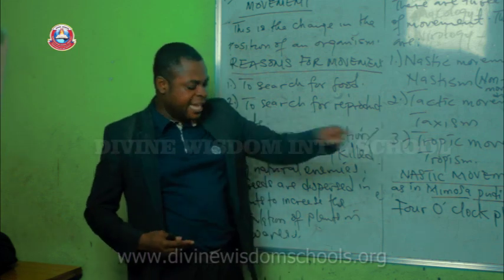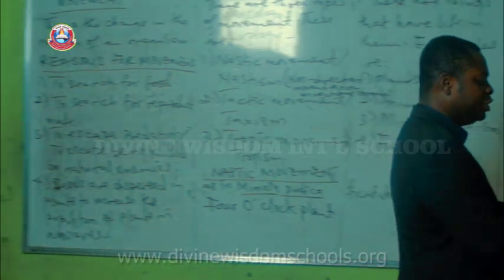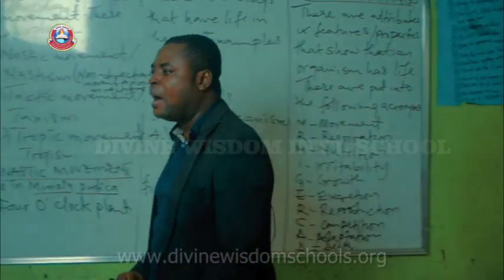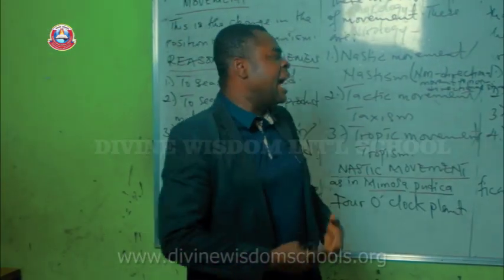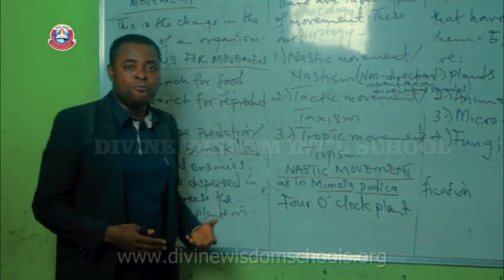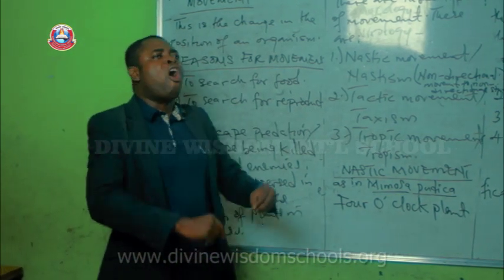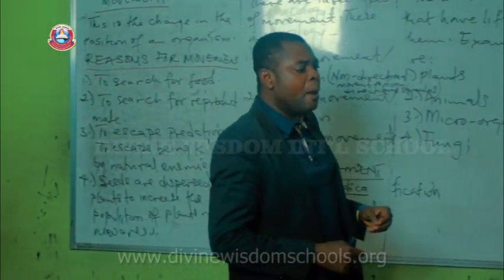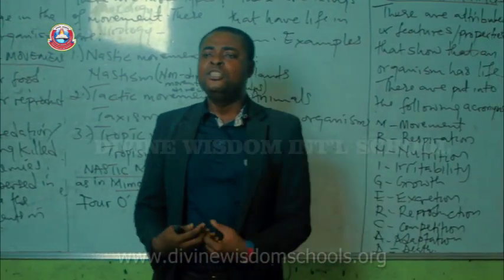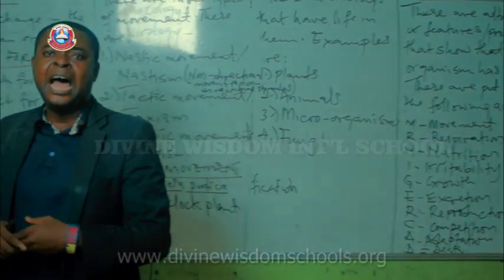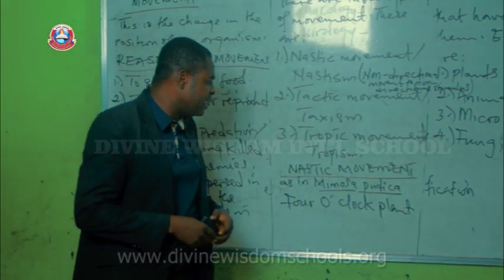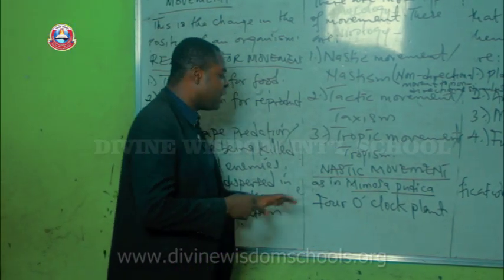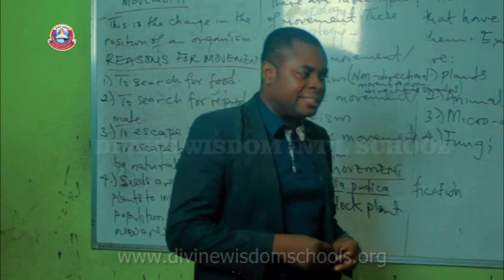If there is food there and I move close to the food to eat, my whole body parts are moved together at the same time. Because of that, I have undergone tactic movement, not nastic movement. Based on what is causing you to move, there are different types of tactic movement. So in the next class, we are going to look at the various types of tactic movement.